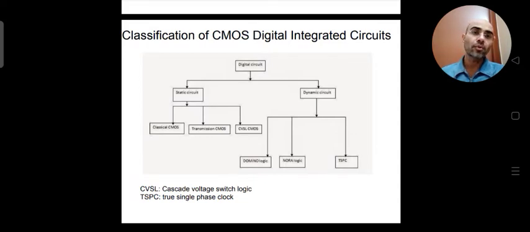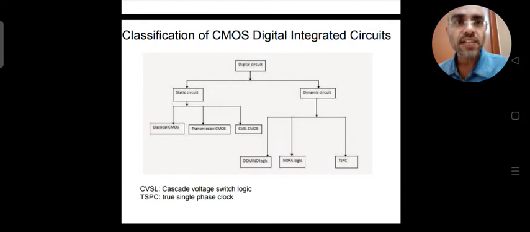But if you just talk about CMOS digital integrated circuits, then these can also be classified as static circuits and dynamic circuits. The static circuits are used basically for the implementation of combinational circuits, whereas the dynamic circuits are used not only for combinational circuits but also for sequential circuits. So that is the difference.